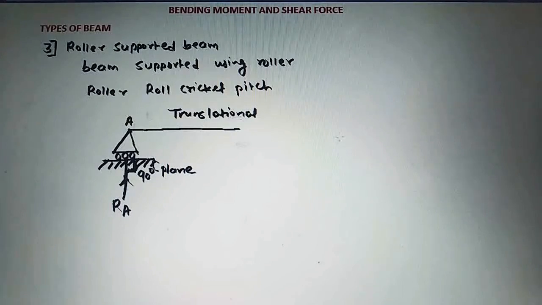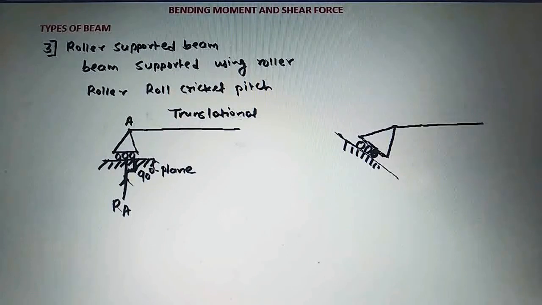Now see here, if the plane of the roller support is inclined, this is the plane of the roller support which is inclined, and this roller support is applied on this beam at end A. Now this plane of the roller support makes an angle or inclination theta with respect to the horizontal.